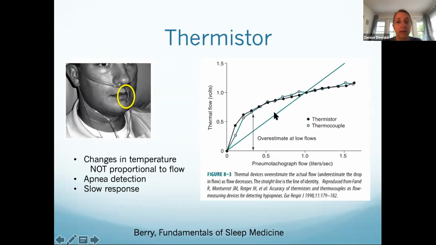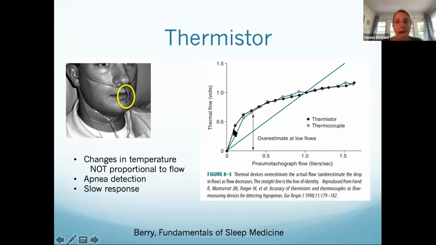Here's pneumotach flow, and if you had a linear relationship, it would be like this. But in a thermal flow, it overestimates at low flows and underestimates at high flows. So it's not proportional.